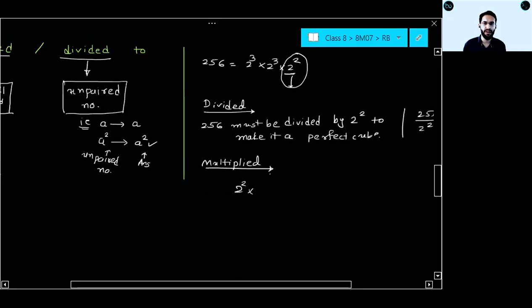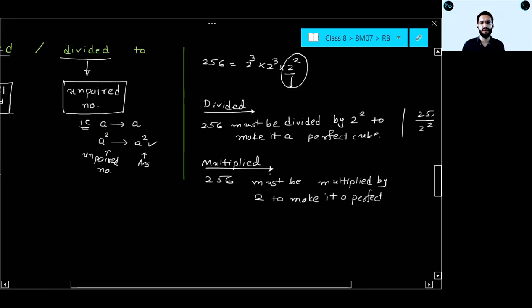Yes, sir. Right. So our answer should be 256 must be multiplied by 2 to make it a perfect cube.